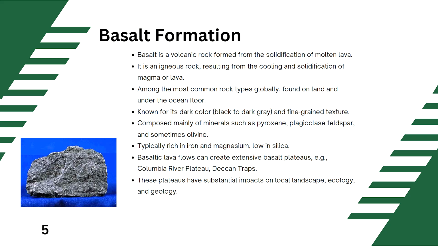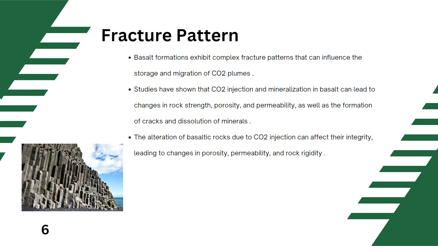The metamorphosis of basaltic rock due to the CO2 injection has profound consequences for the overall integrity of the geological storage system. The changes in porosity, permeability, and rock rigidity are indicative of the dynamic nature of the subsurface environment under the influence of injected CO2.